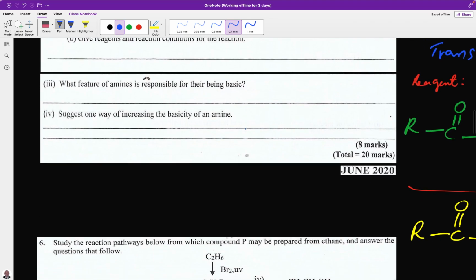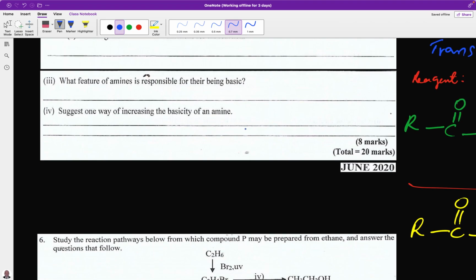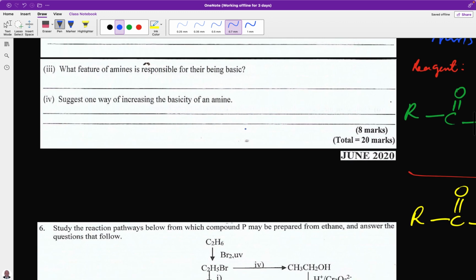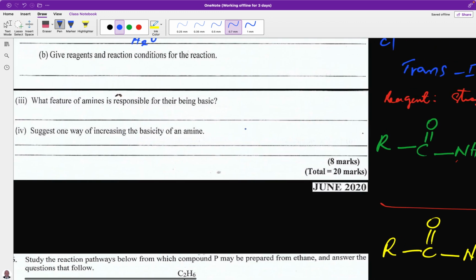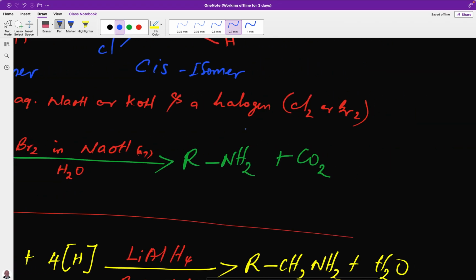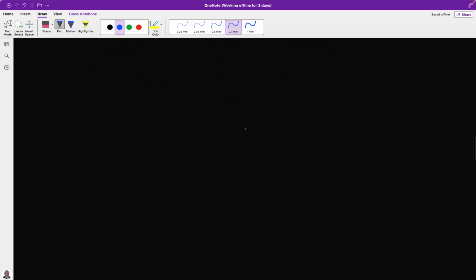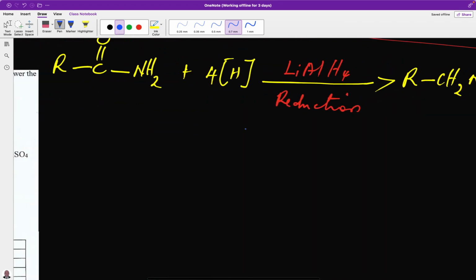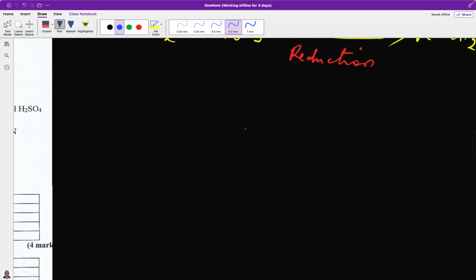Now, what feature of amine is responsible for their being basic? The feature of amine that is responsible for their being basic is this one. Amines will only act as bases because of what?